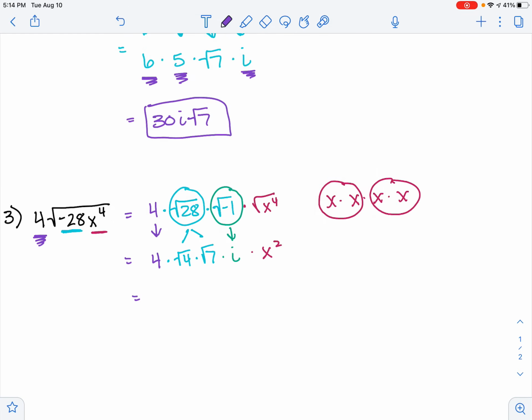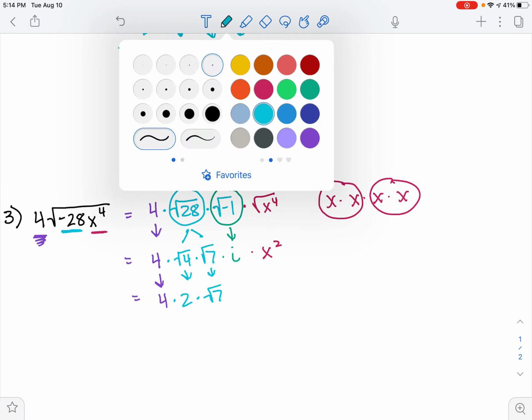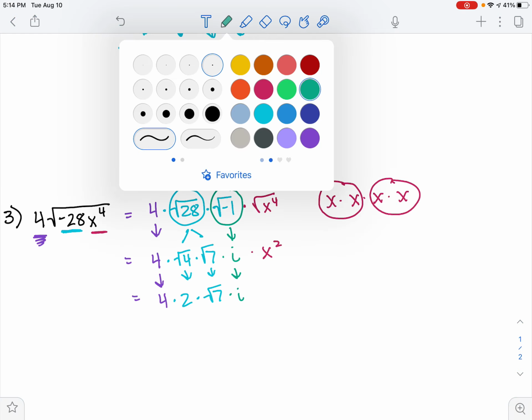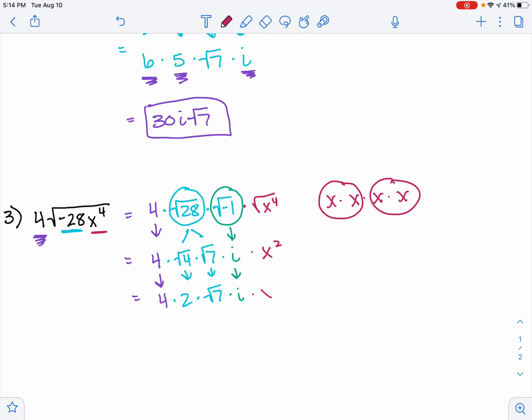So again, I'm going to bring down my 4. The square root of 4 is 2. I cannot simplify the square root of 7. I'm going to bring down the i, and I'm going to bring down the x squared.